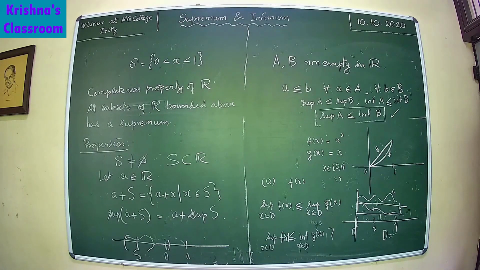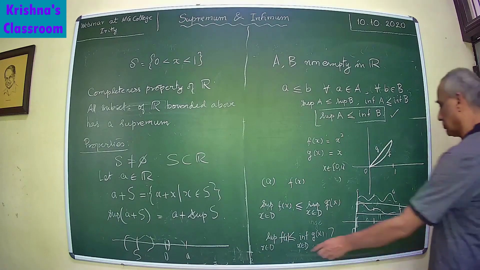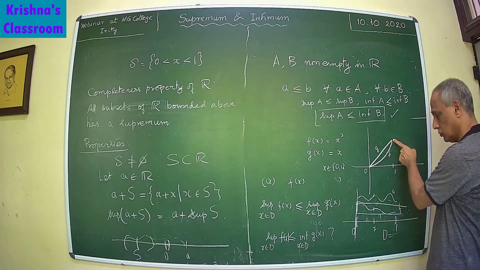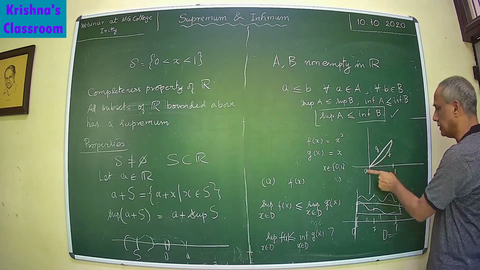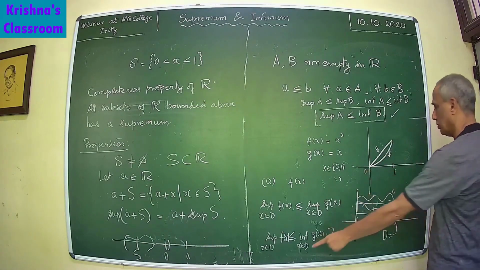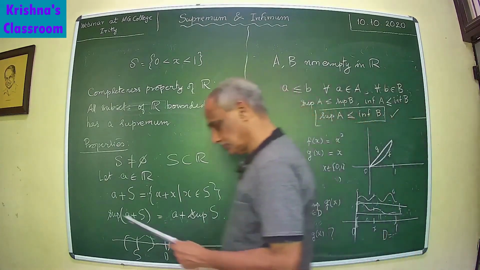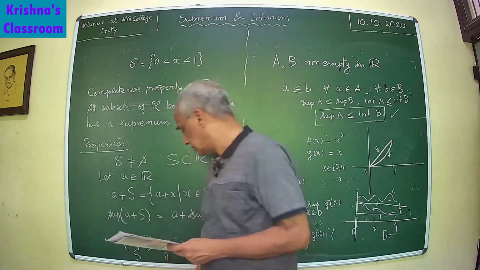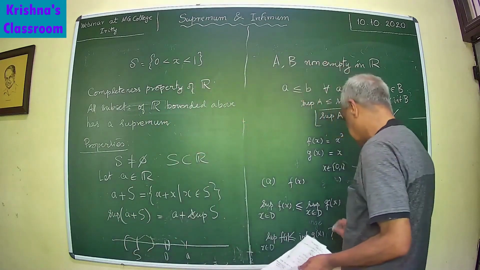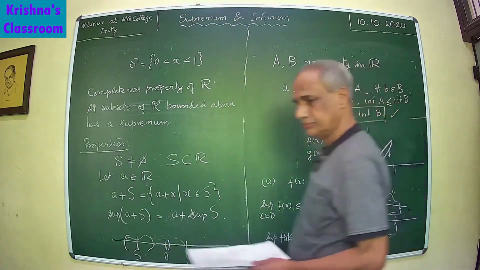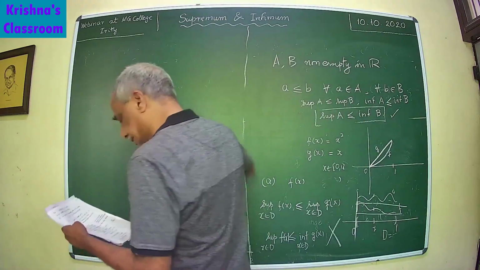See, supremum of F is here 1, clearly. Whereas infimum of G is 0. So you cannot make a statement. So for these functions, this is not true. So this is clearly not true. So some of the little things.